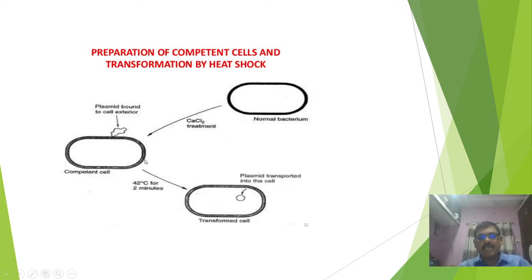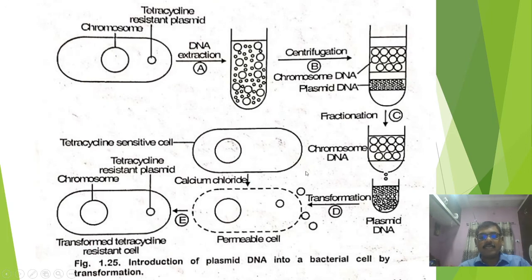This cell is subjected to calcium chloride treatment, and then suddenly the temperature is raised to 42 degrees centigrade for 2 minutes. What will happen? It makes the plasma membrane, or cell wall, permeable to the plasmid, and so the plasmid will enter here. So how is that done?